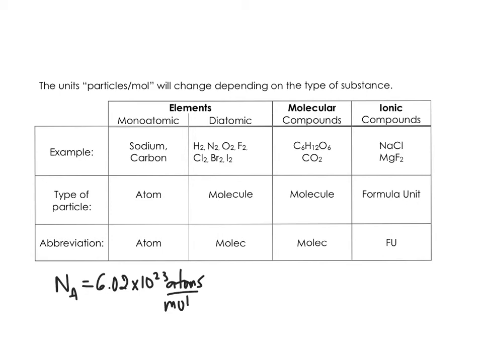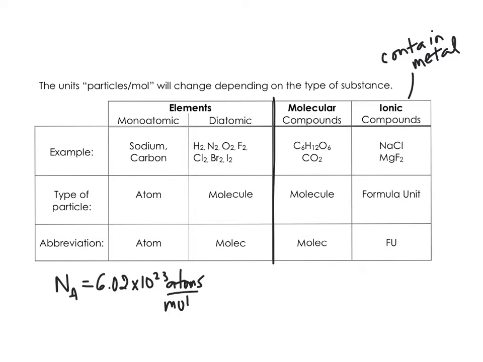Diatomic elements, it's molecules. The smallest whole particle is a molecule. We shorten that to molec for molecule. Then you have your compounds. So you have molecular or ionic. Ionic compounds always contain a metal. So if you're looking at a formula and you're wondering if it's molecular or ionic, remember, ionic contains metals.